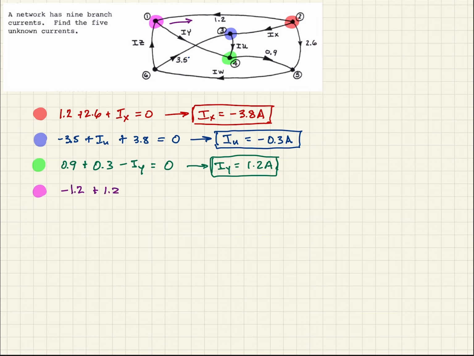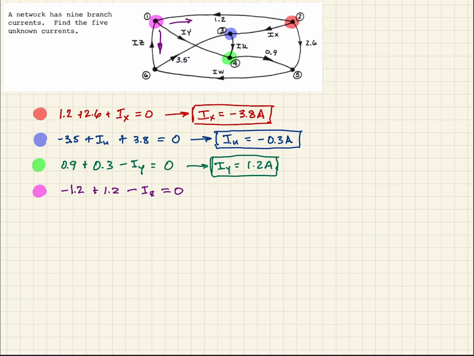And then we have this last leg where we have an unknown IZ, and it looks like it's assumed to be going into the node, so we will make that a negative because that's the opposite of the direction that we said was positive, which was leaving. When we add all those up, they must equal 0.